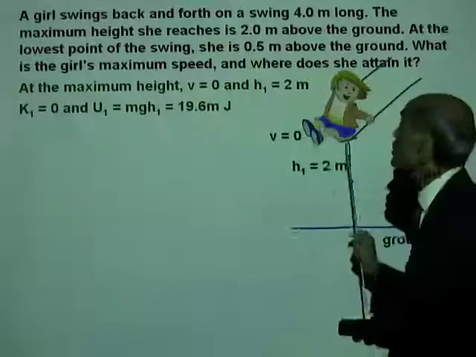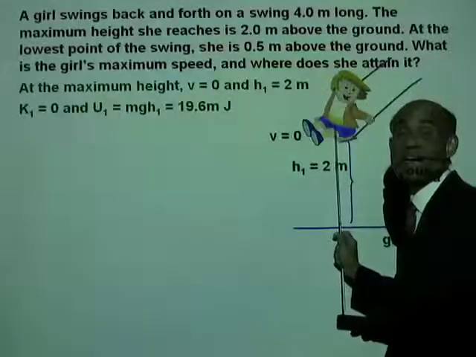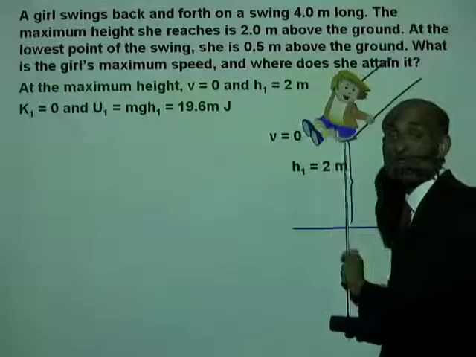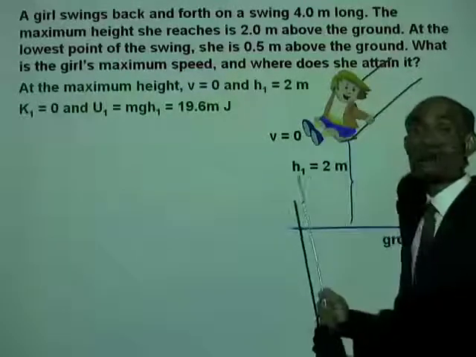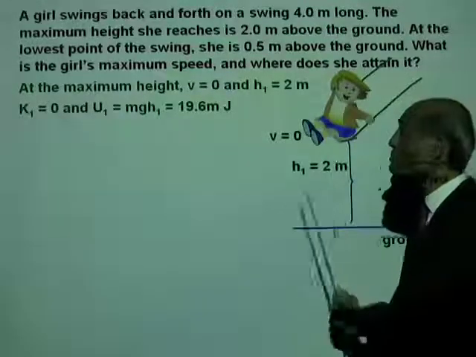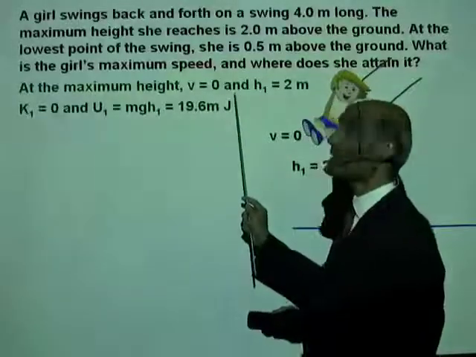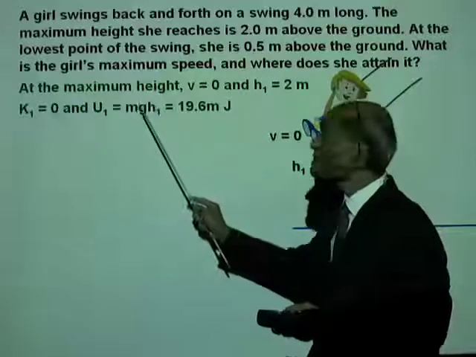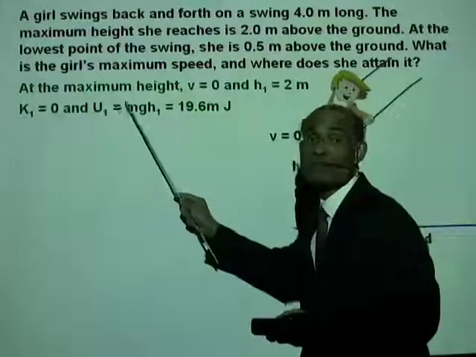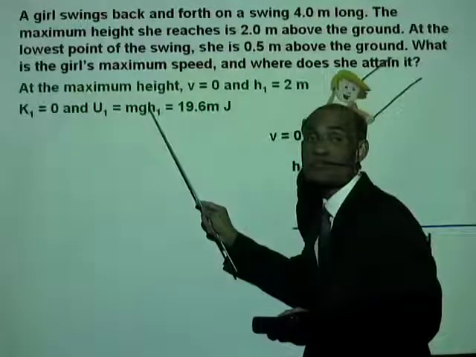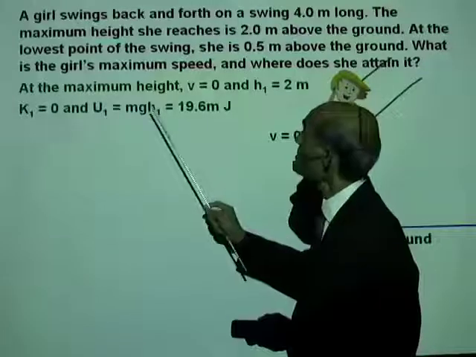Now what is the energy that she has here? Because she is at a height h from the ground, at a height 2 meters from the ground, she has potential energy. What is the potential energy? U1 equals mgh1. What is the mass?